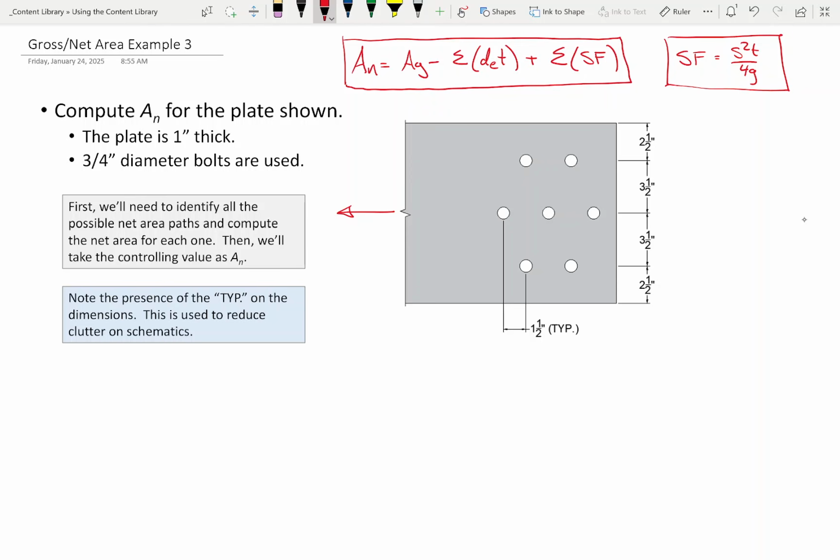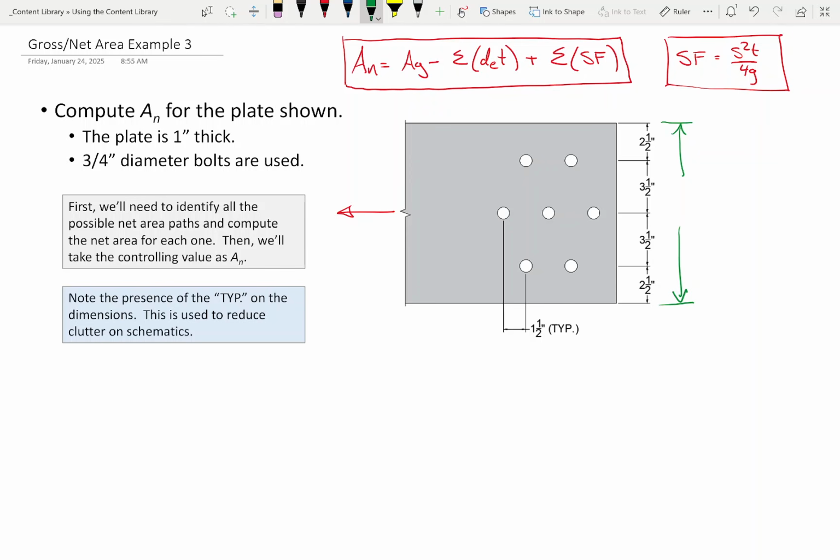Okay, so if we need to compute the net area, can somebody tell me a necessary first step? Finding the gross area, okay? So let's see if we can throw some dimensions on here. What is this dimension right there? Like the whole length. So we have 2.5, 3.5, 3.5, 2.5. So 2.5 plus 3.5 is 6, 6 times 2 is 12, right?